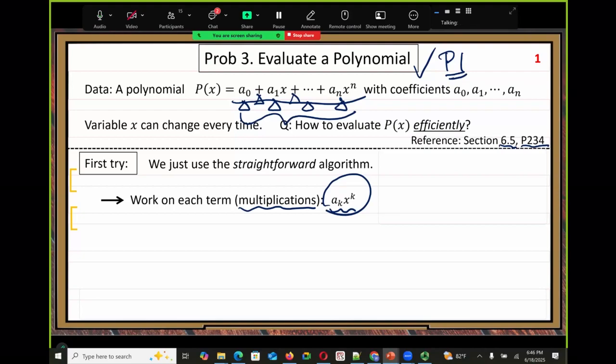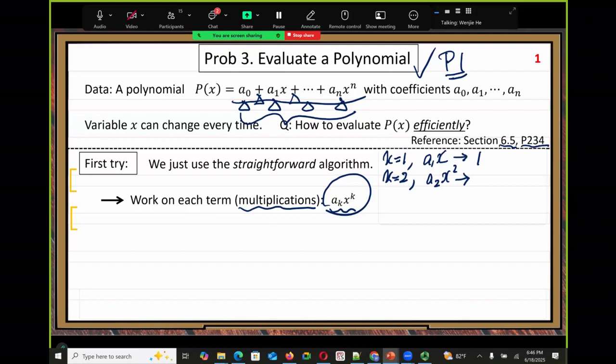When k equals 1, you calculate the term a1 times x. How many multiplications do you need? One multiplication, right? Next, another experiment. When k equals 2, your current term becomes a2 times x squared. How many multiplications? X times x is 1.